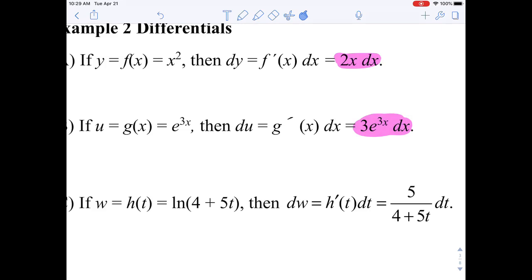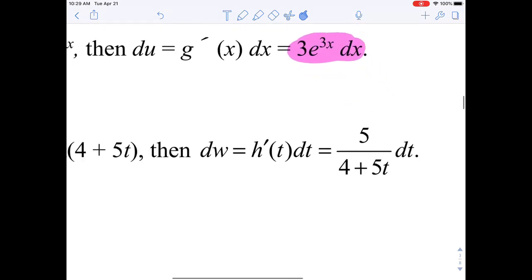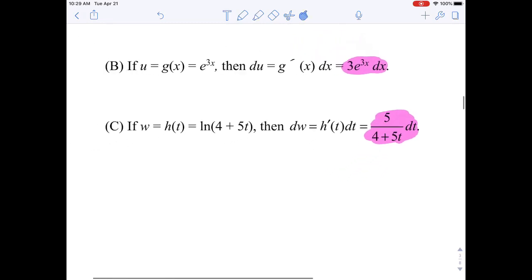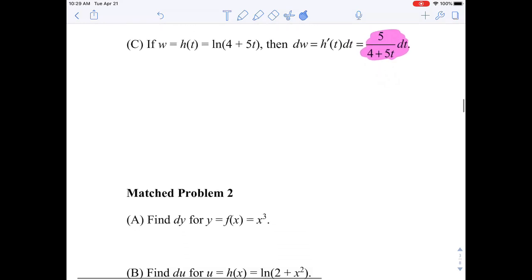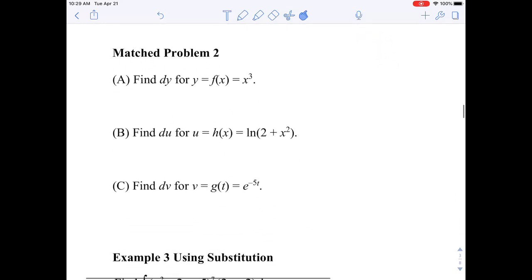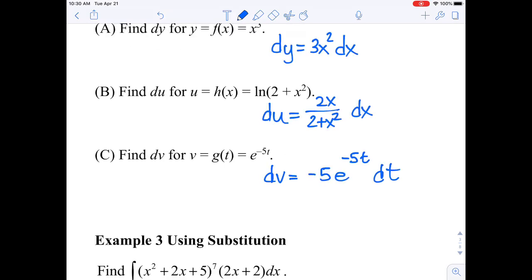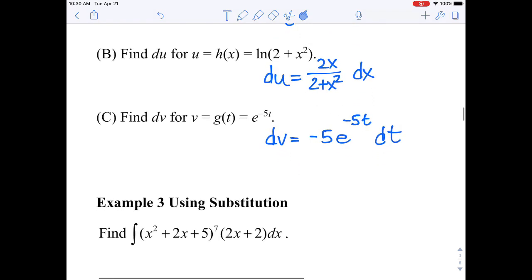And then taking the derivative of a natural log, finding that differential, it's the derivative of what's inside over what's inside. And then we need to make sure you put your dt on the end. So go ahead and try to find dy, du, and dv for each of these. And this is important for when we use substitution.